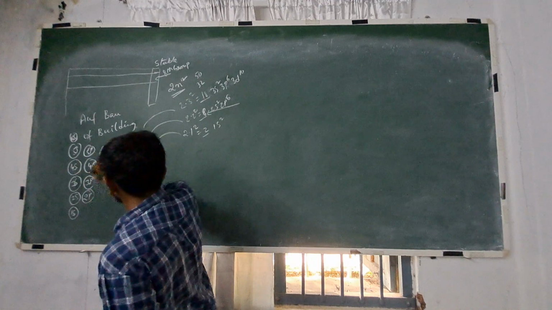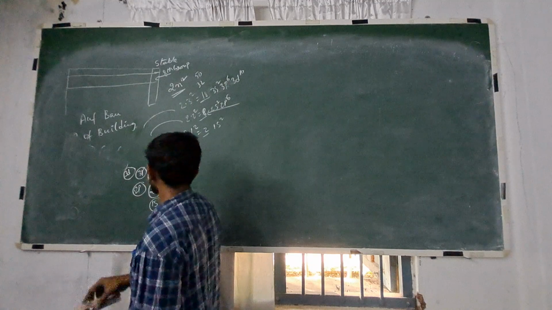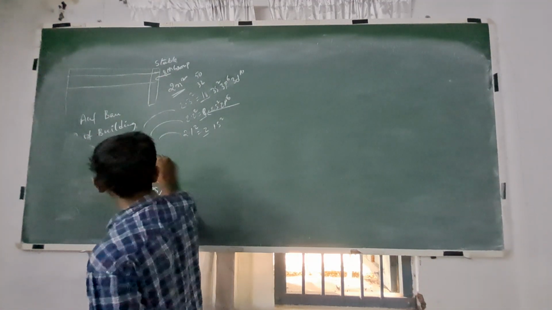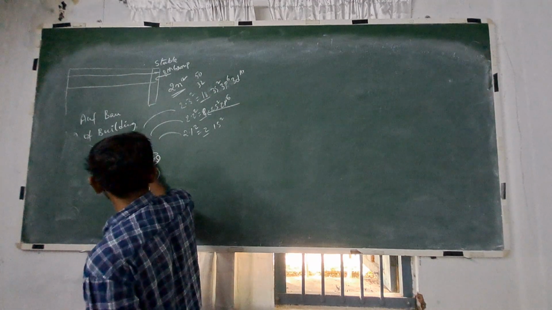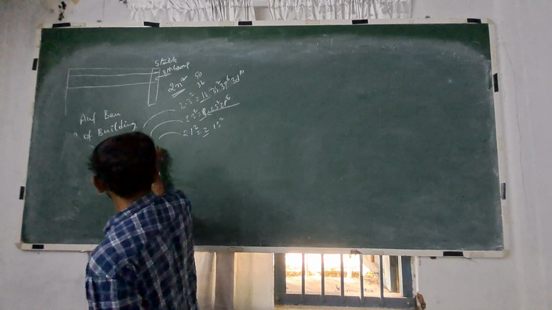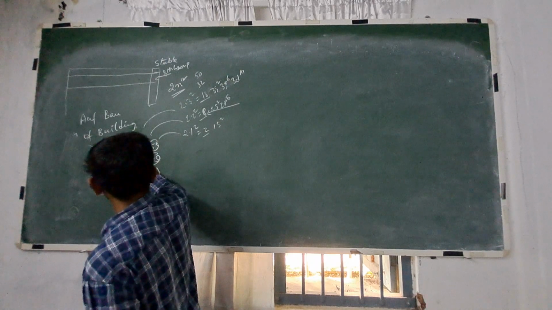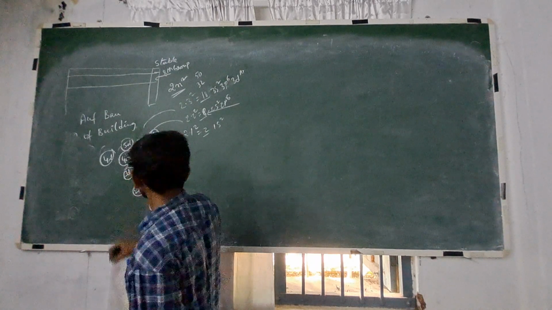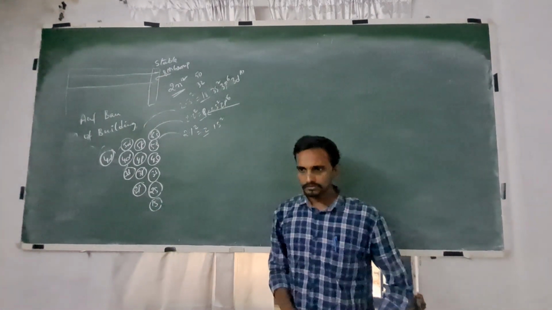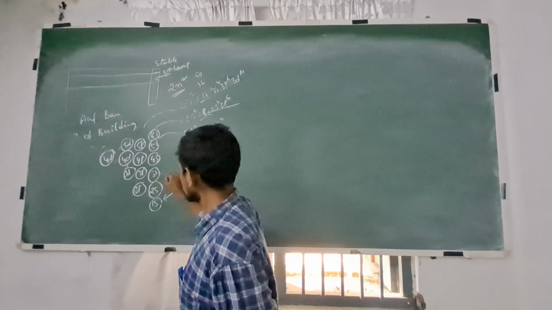What do you get? What is the order? What is?